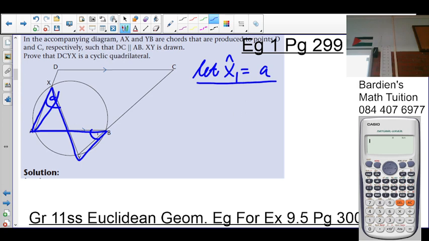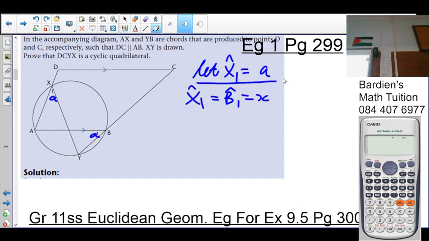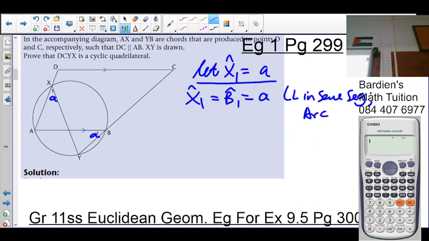Are you all okay with that? So angle B1 is equal to A. We're saying angle x1 is equal to angle B1, which is equal to A. Why? Angles in the same segment, coming from arc AY. You don't have to mention the arc.